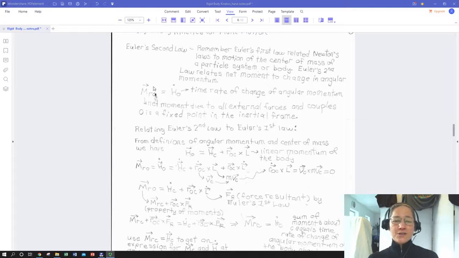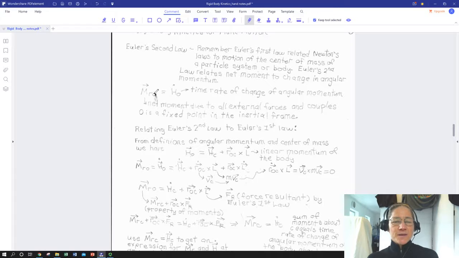our capital H. Just stating Euler's second law, it says that the resultant moment about point O, and apologies for the smudge there, this is point O. Remember this is moment, so we have to be applying it at a point.